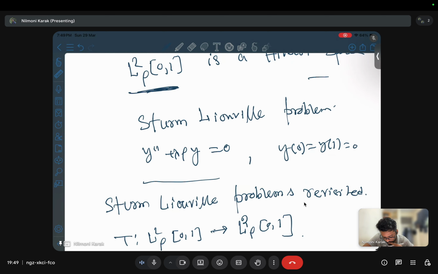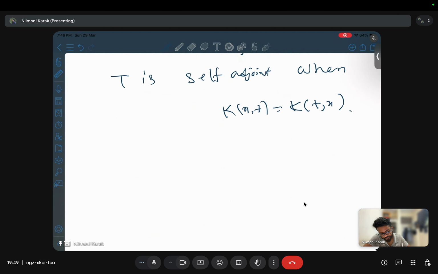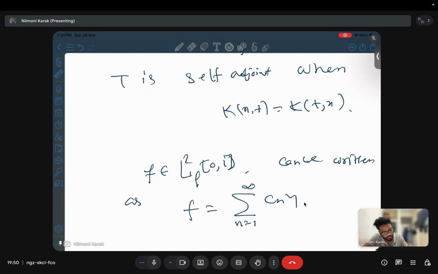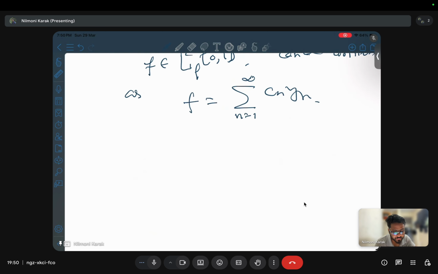Every member of L2 rho 0,1 can be written as a Fourier series f equals the sum from n equals 1 to infinity of c_n y_n, where y_n are eigenfunctions. For applications, we will see next class, and now let us solve some problems related to these topics.